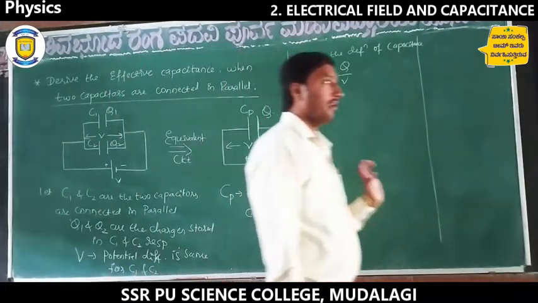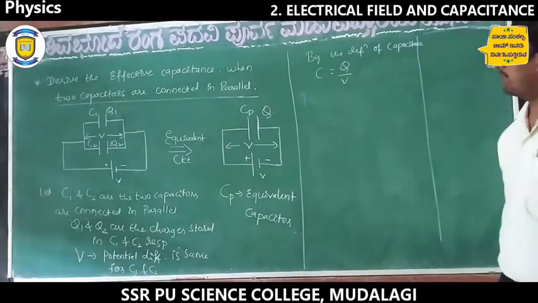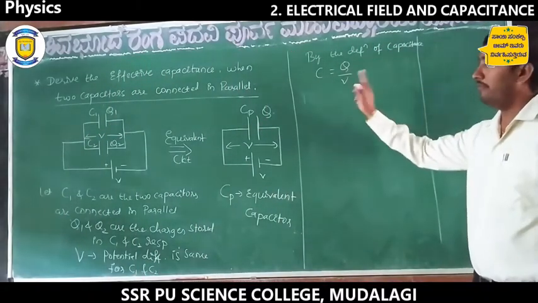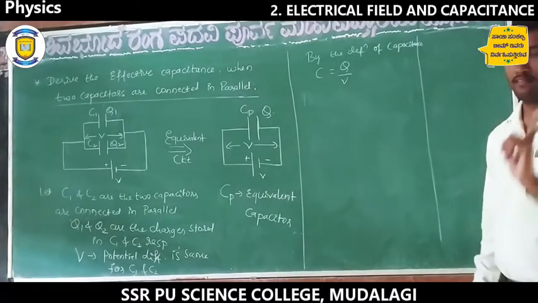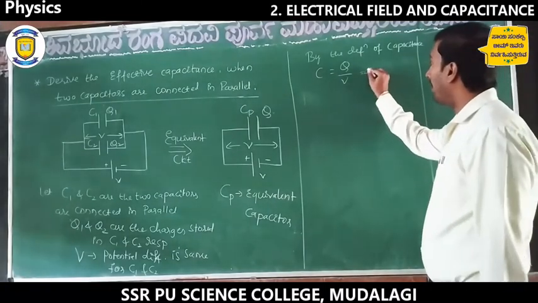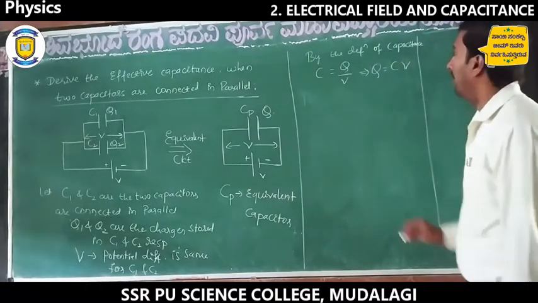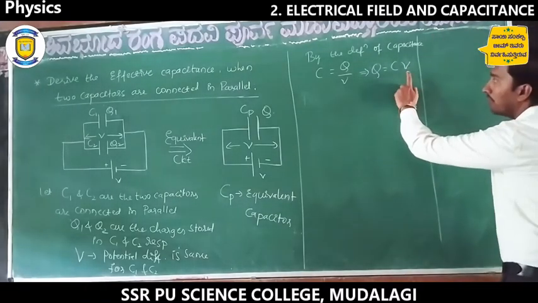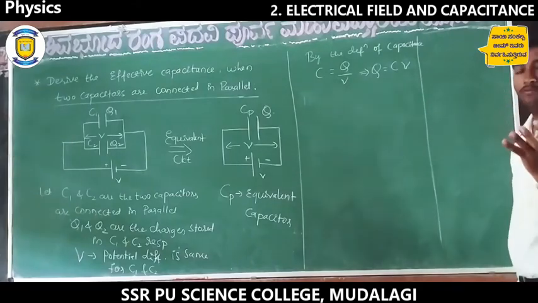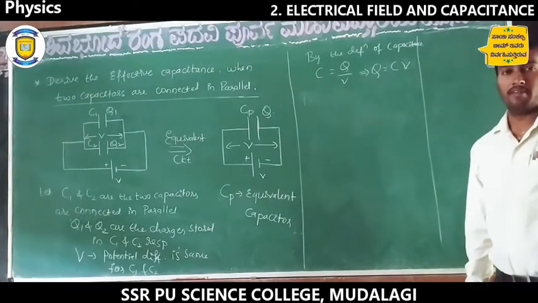By the definition of capacitance, we can write C equal to Q by V. Here the charge is different, so we take the equation Q equal to C into V. The charge is different and the potential difference is the same for capacitance C1 and capacitance C2.